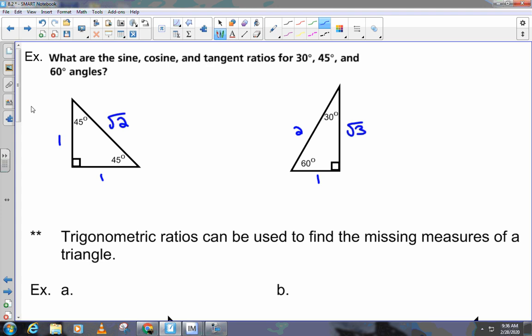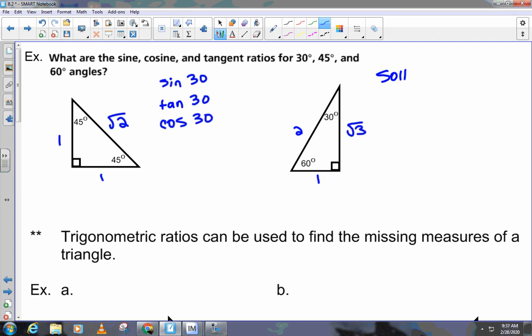Okay, so what I'm going to do is I'm going to find the sine of 30, the tangent of 30, and the cosine of 30. Okay? All right. So if I want to do the sine of 30, then I come over here to 30, okay? And what would the sine be? Opposite over hypotenuse.